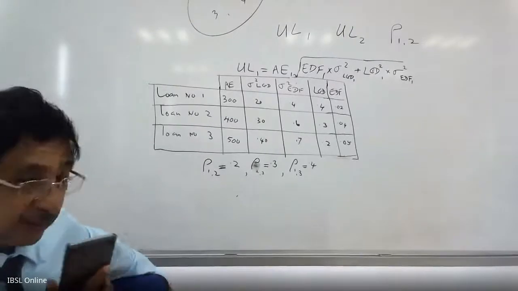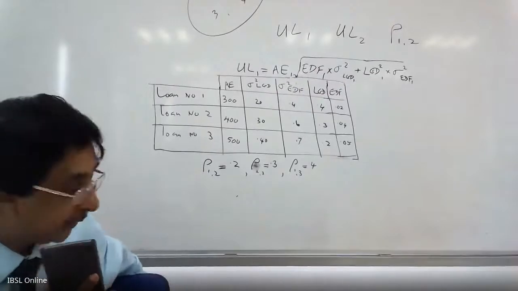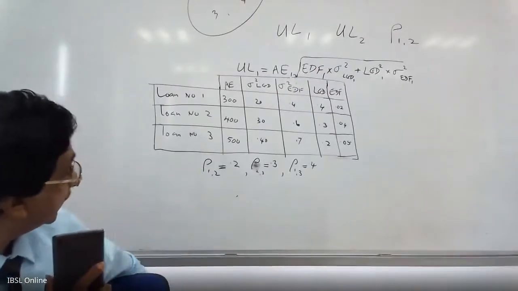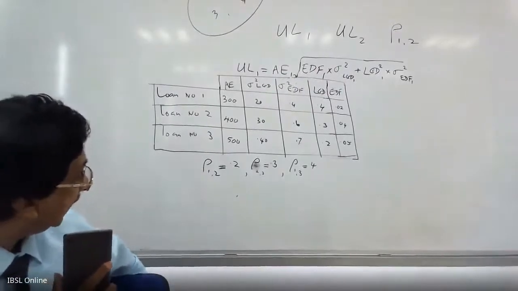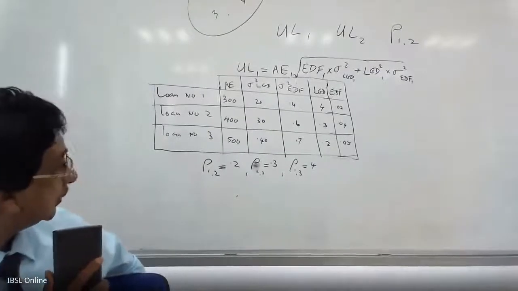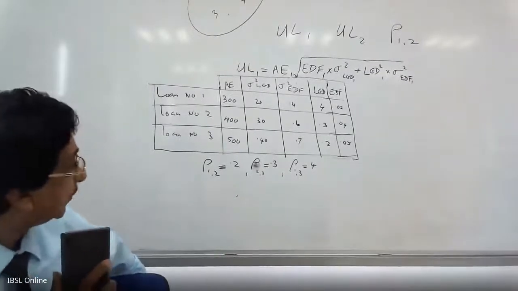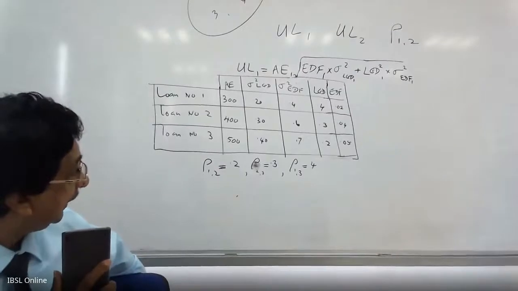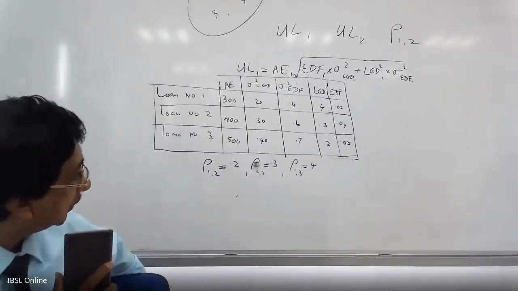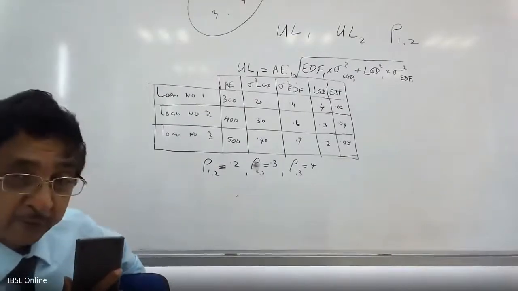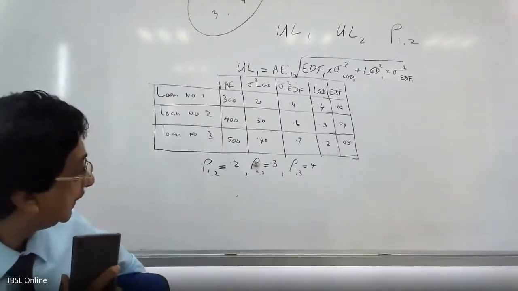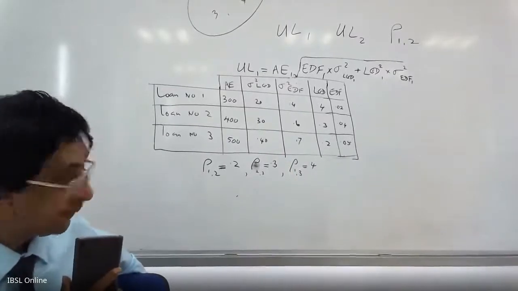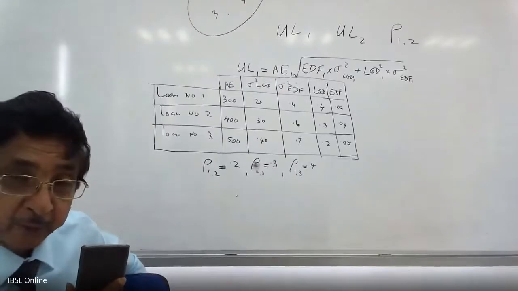Then loan number 3, AE is 500, sigma squared LGD is 0.4, sigma squared EDF is 0.7, LGD is 0.2, EDF is 0.05. Now these are the values. I think you have followed that now.